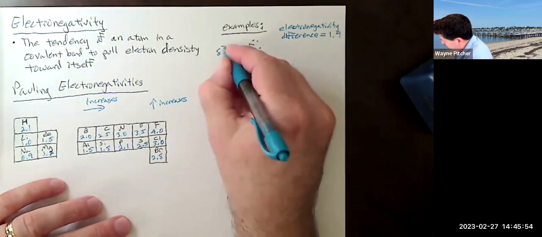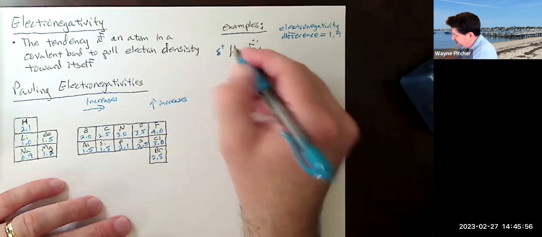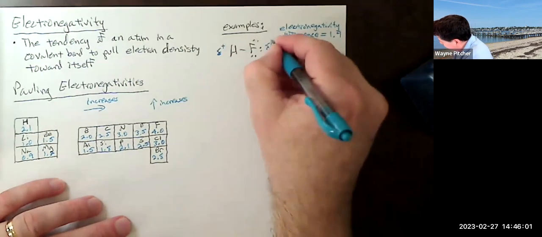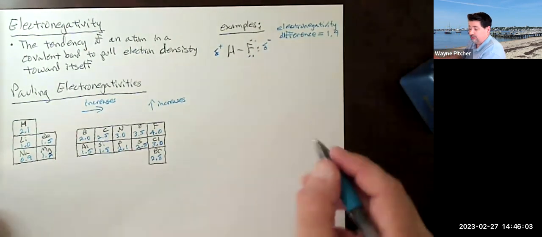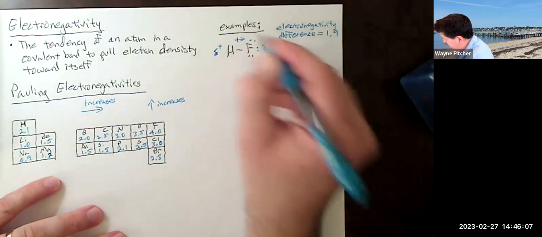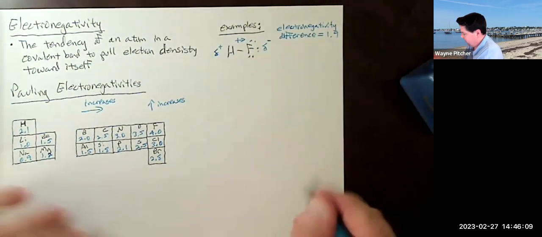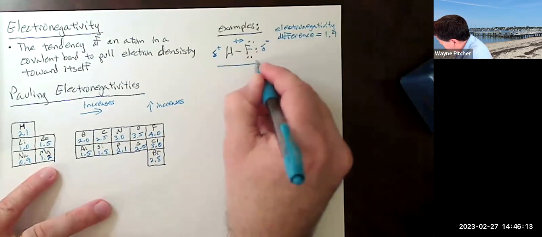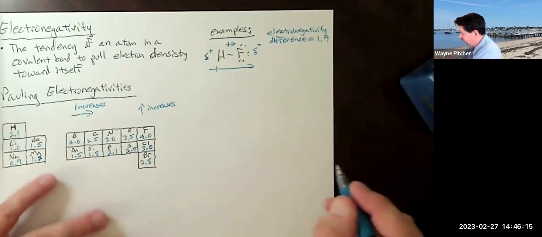So we'll have a delta plus partial positive charge on the less electronegative end, or atom, and a delta minus partial negative charge on the more electronegative end. That gives us a polar covalent bond and also overall a net dipole.